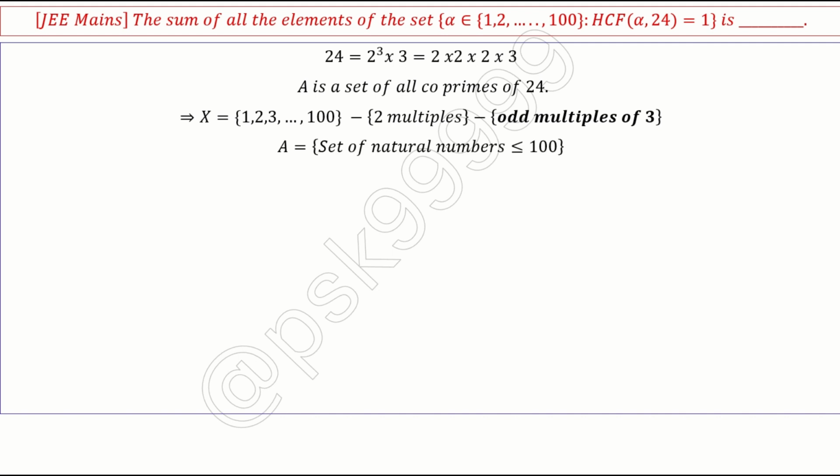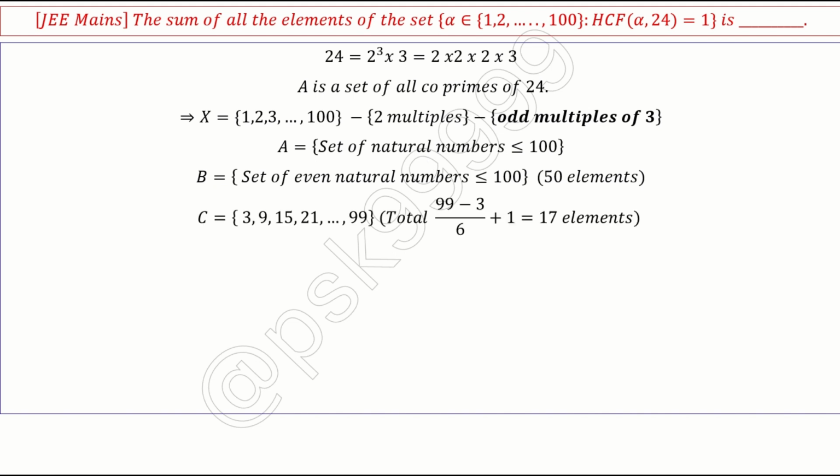Now A equals the set of natural numbers less than or equal to 100. B is the set of even natural numbers less than or equal to 100, which has 50 elements. These are the 2 multiples, these even numbers, and we will have 50 numbers.